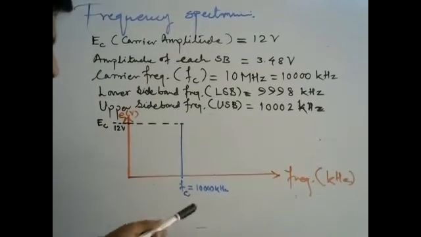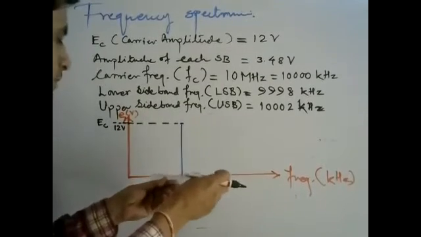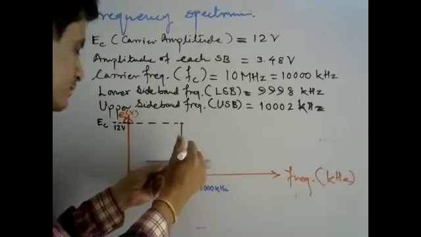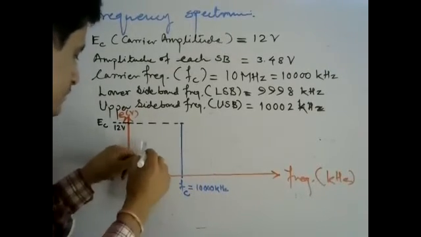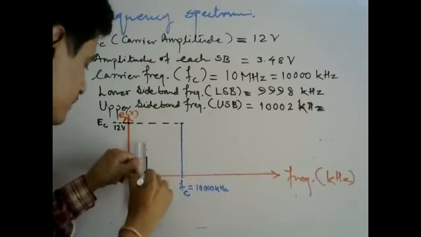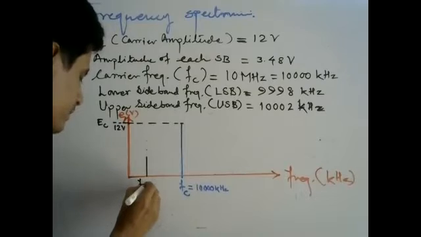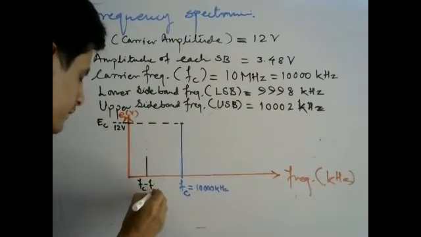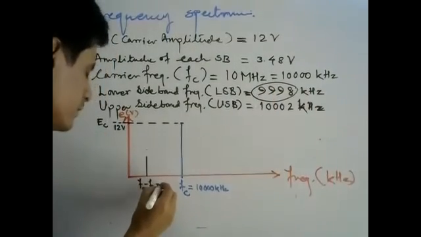Therefore, here I will show the lower sideband, FC minus Fs, which is equal to 9998.